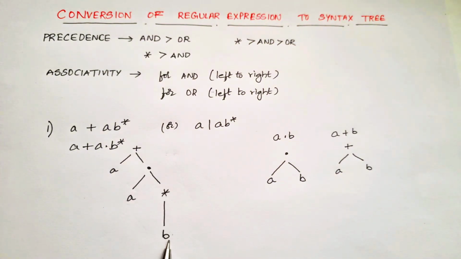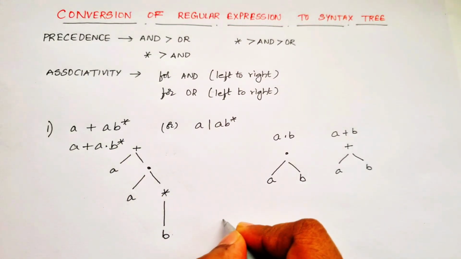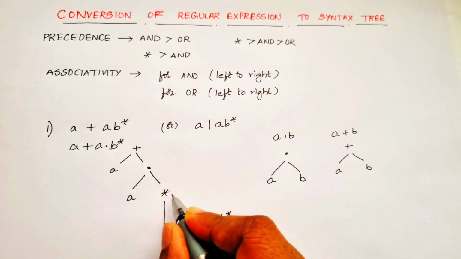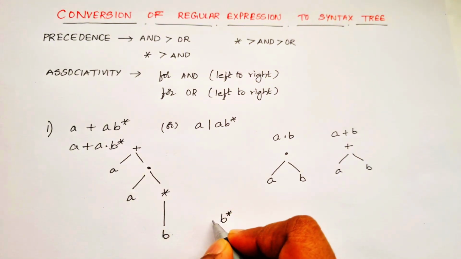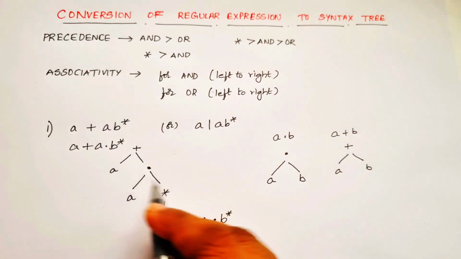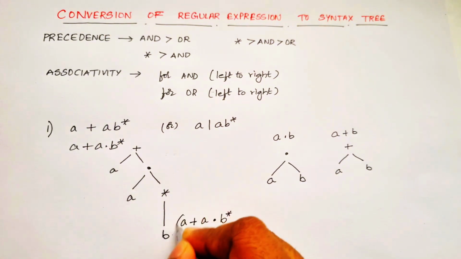The operations will be done from lower level to higher level. Means star is performed first, at the lower level. Next lower level is dot. It is performed with A, and then plus.